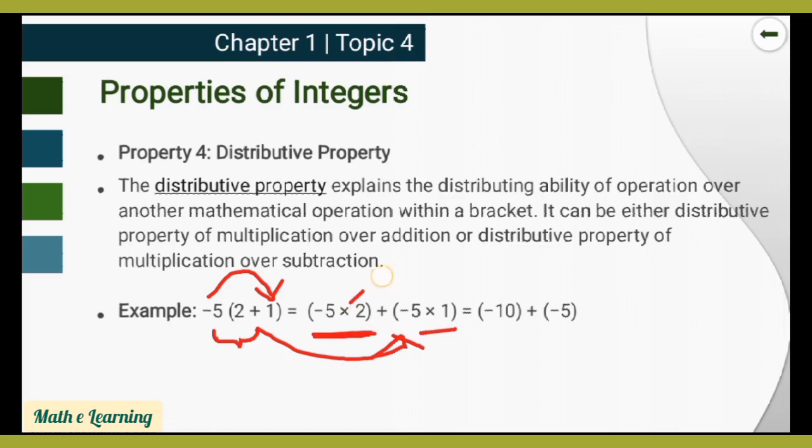So -5 2s are -10, plus sign as it is, -5 multiplied by 1 is equal to -5. So this is called distributivity of multiplication over addition.